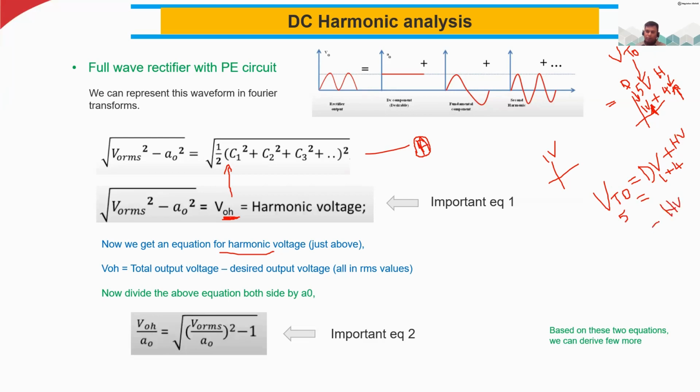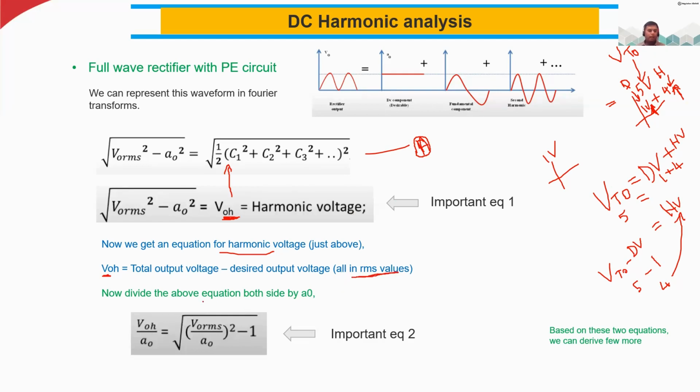Then what should I do? HV is equal to VTO minus desirable voltage. So 5 minus 1, that is 4. That is this harmonic voltage. The same logic we are using here: harmonic voltage is equal to total output voltage minus desired output voltage. Everything is in terms of RMS values.